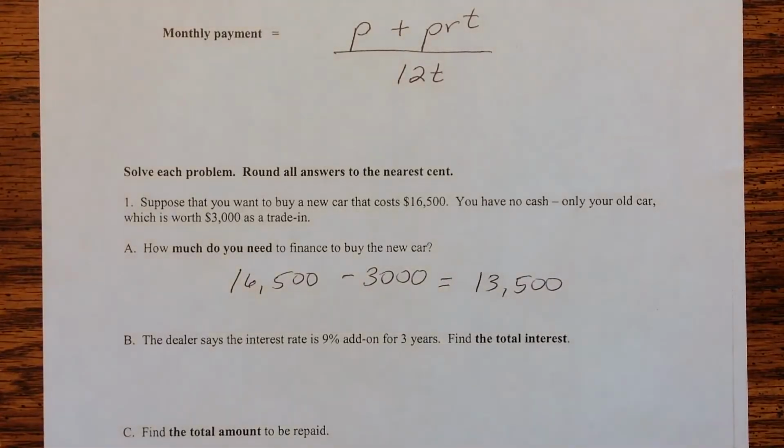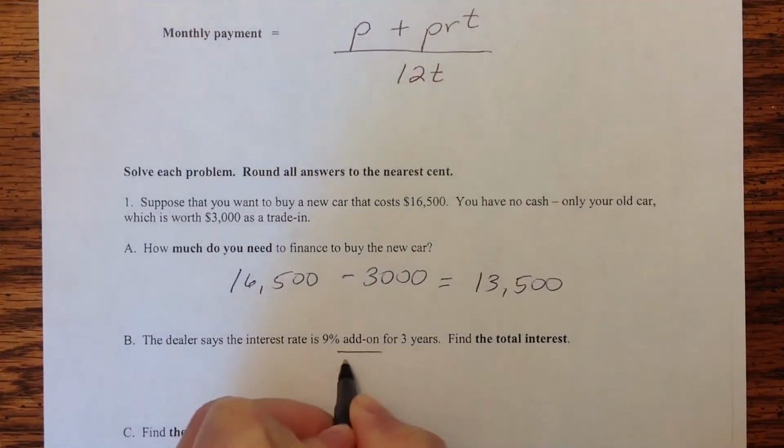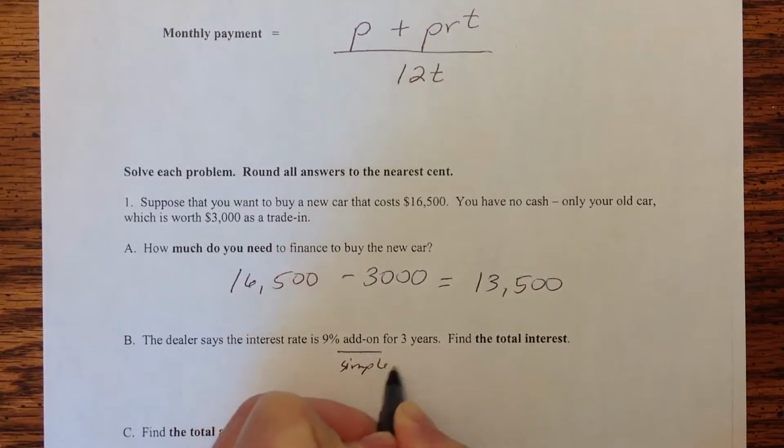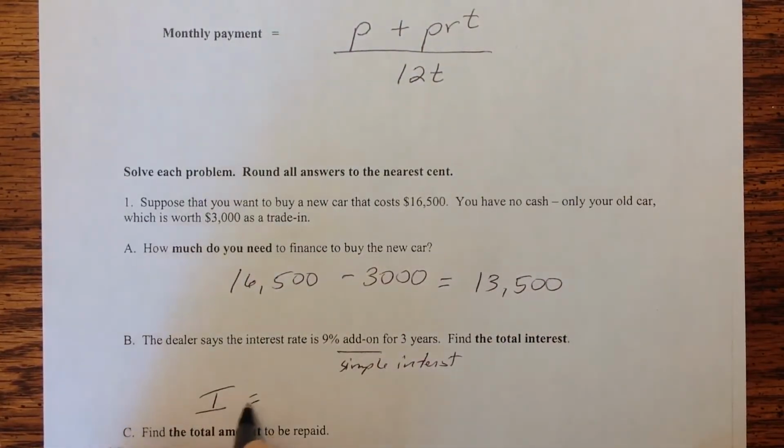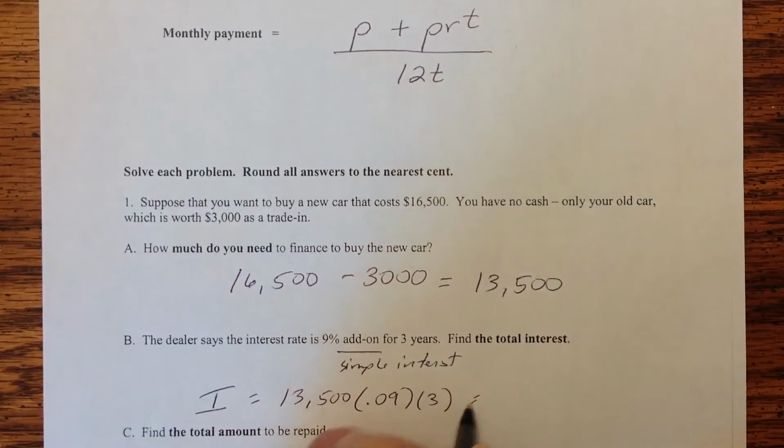Now the dealer says that the interest rate is 9% add-on interest for 3 years. So add-on is the same as simple interest. So if we want to find our interest, we take that 13,500 times 0.09 times 3, because 3 represents the years. And we get 3,645.